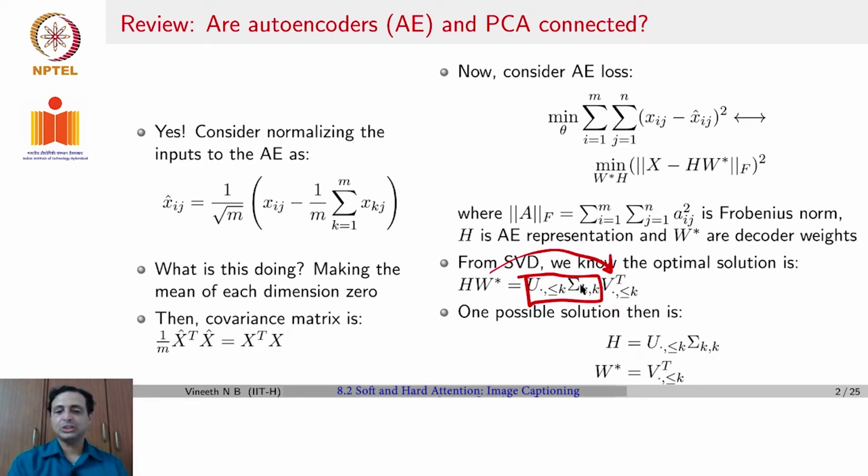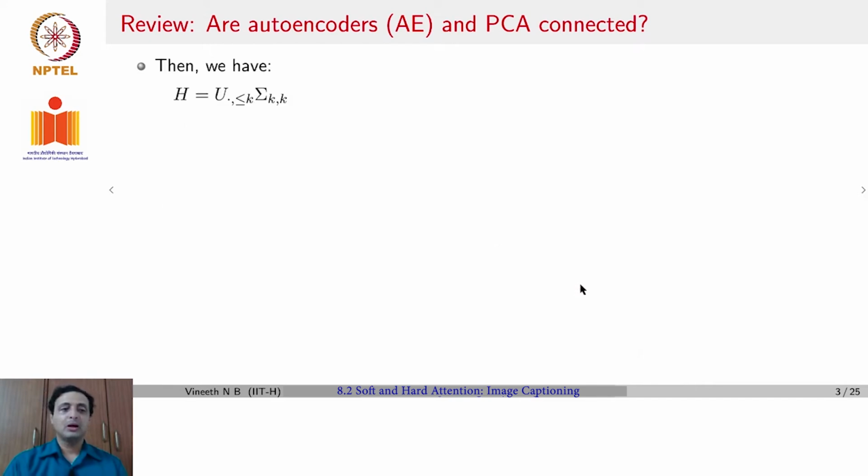So if you considered H to be U sigma, considering only the k columns, then H can be written by multiplying by x transpose into x transpose inverse, which we know is identity. We are just expanding H and multiplying by identity, which is given by x transpose inverse.